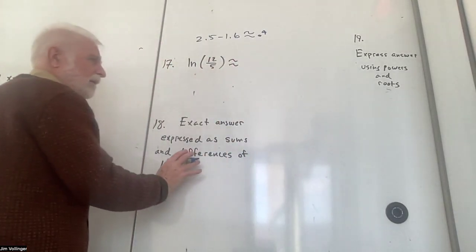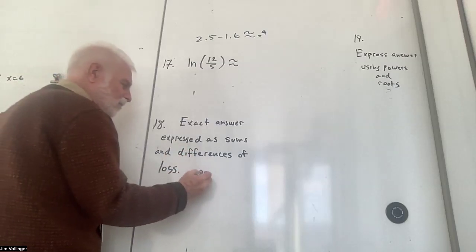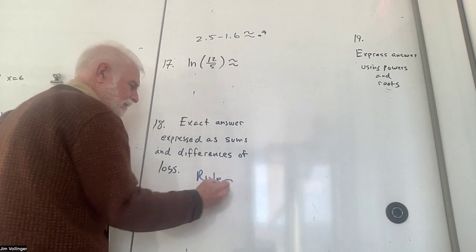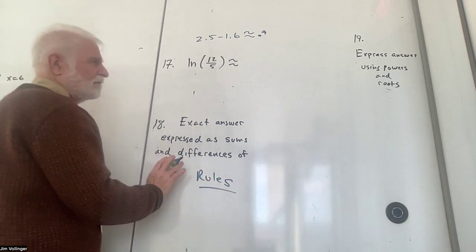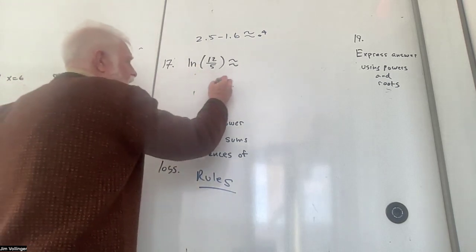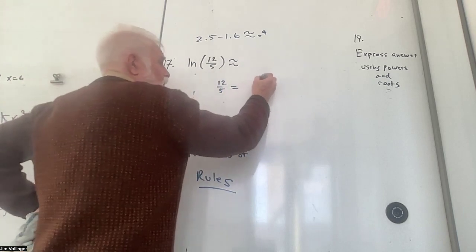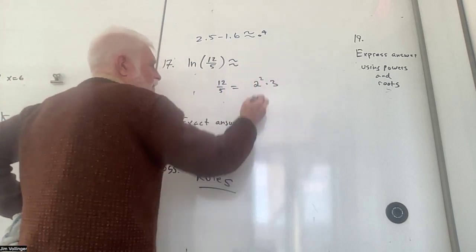And then we'll express our answer as the sum and difference of logs, which is getting at the rules of logs, which is the rules of exponents, really. All right, so 12/5, let's look at that in e notation. First off, let's break it down to 2 squared times 3 is 12.